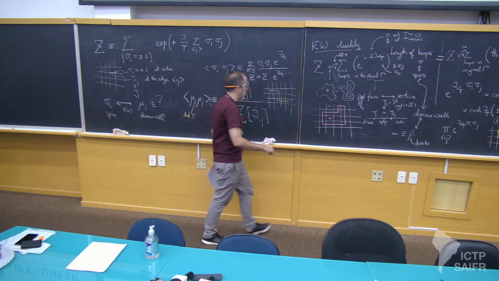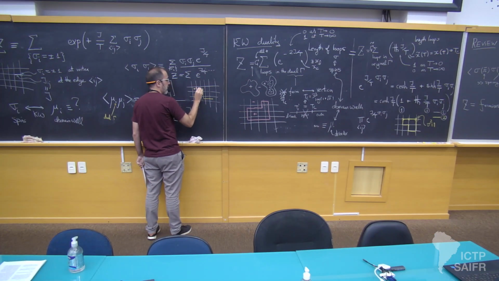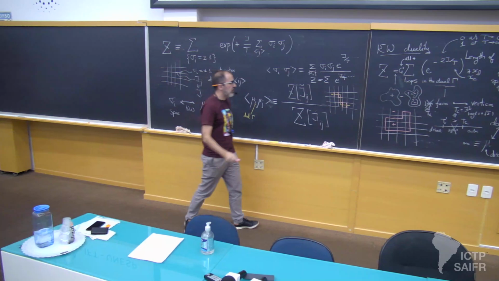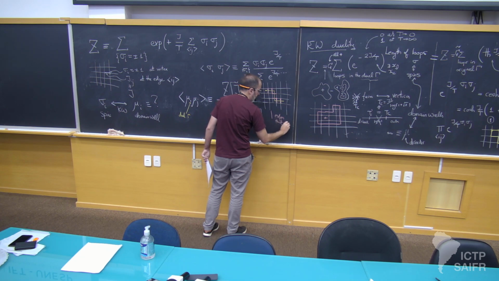Now look at the edges that cross this path. This, this, this, this, this, this. So these are the edges that the path gamma crosses.